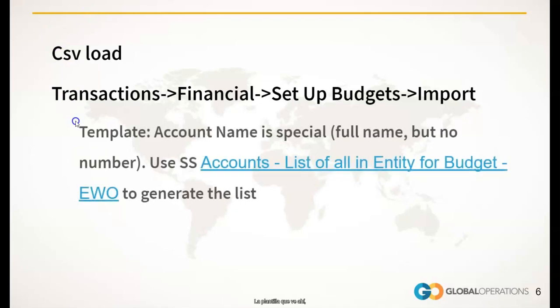And the template that you see there, in it, the account name is very special. It's a full name, but it doesn't have the number. I offer you to use the saved search that is listed here. You can just put it into your global search and you will get the list.